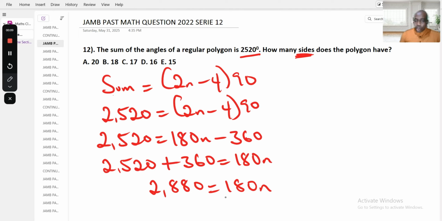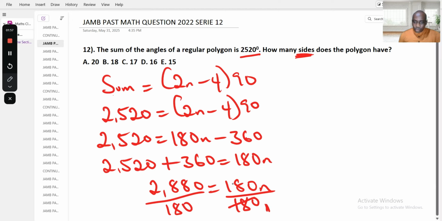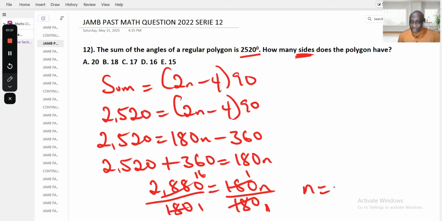What we are going to do next is divide both sides by 180, the coefficient of n, so that n will stand alone. How many 180s can we see in 2880? 16. Therefore, our final answer for n is 16, which means 16 sides.